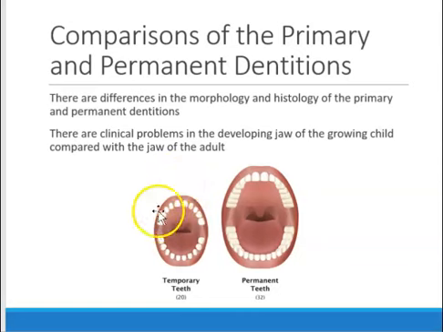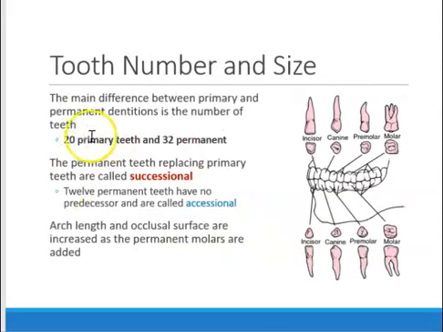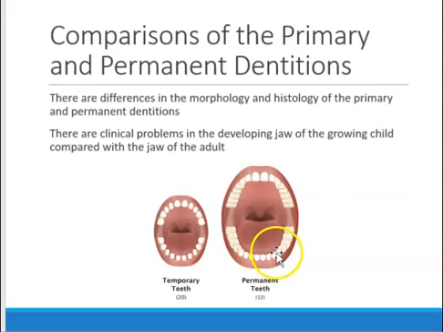Now let's look at the differences between primary versus permanent teeth, because they do look different. The first thing to note is that we have only 20 primary teeth, but we have 32 permanent teeth. The permanent teeth that replace the primary teeth are called successional teeth. So the primary incisors are replaced by permanent incisors.